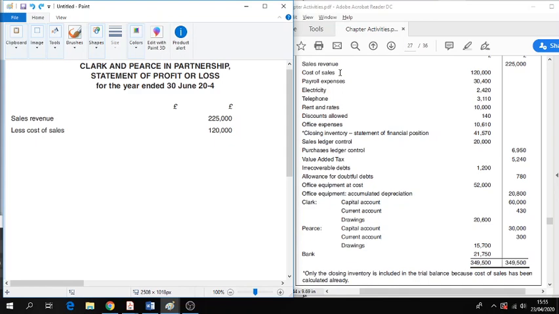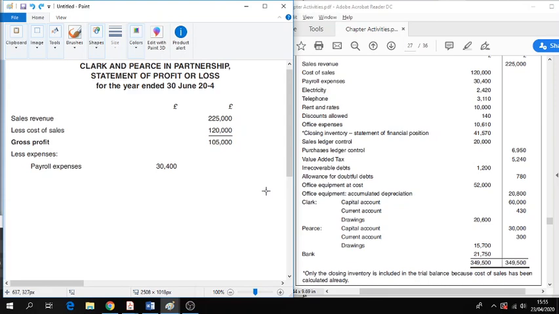But we're going to keep it nice and easy, nice and simple. Again, the objective of this particular video is that you are able to draft an income statement, an FP, with current accounts and capital accounts. So we have sales and cost of sales there. That leaves us with gross profit of 105. Then we have expenses. We don't have any forms of additional income in the question, so we're going to move straight on to expenses.